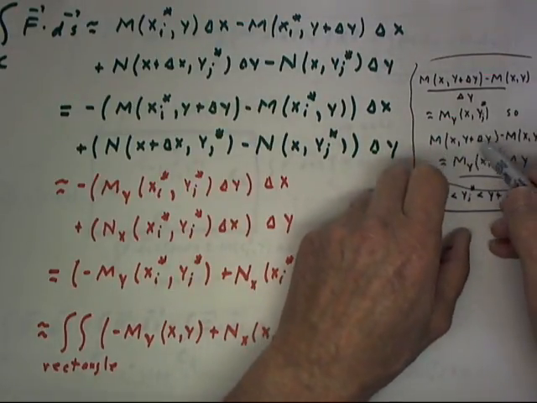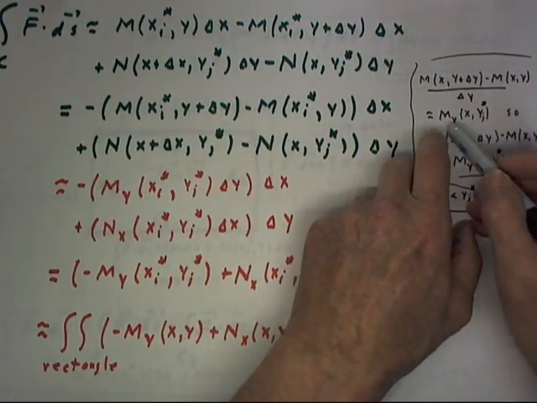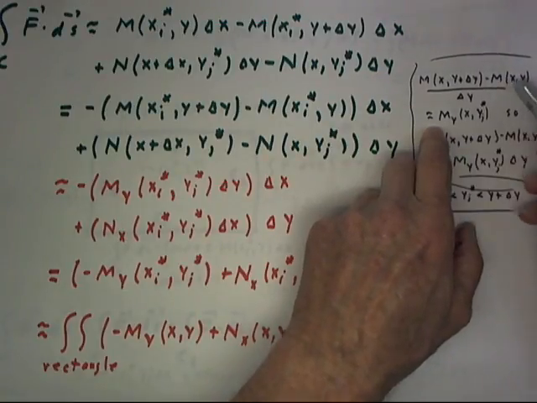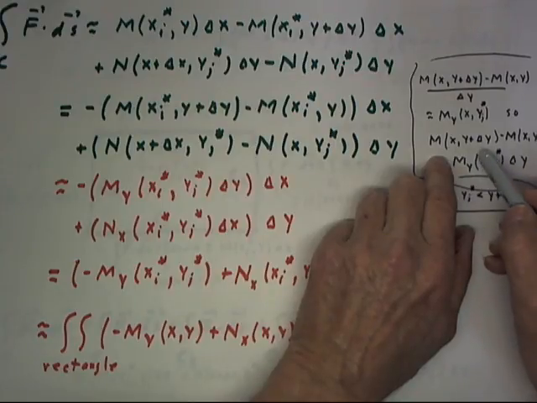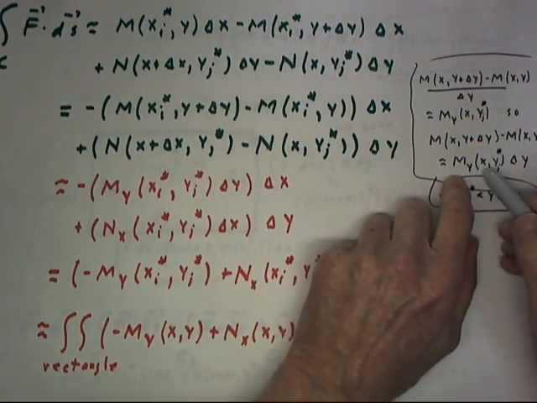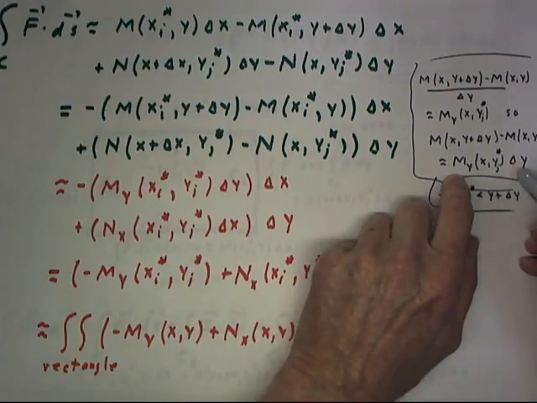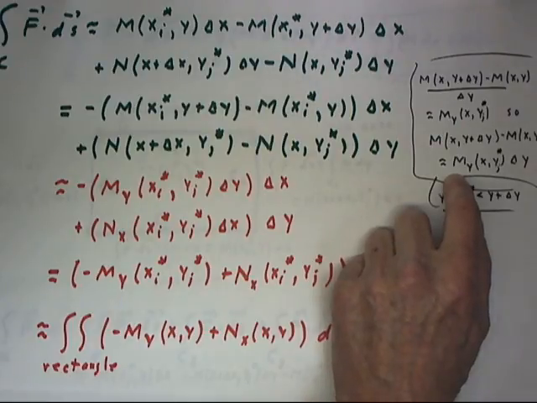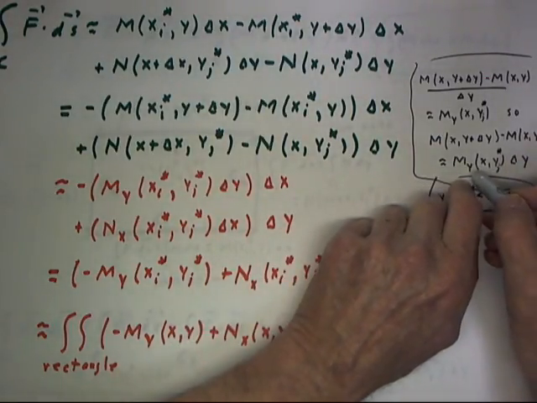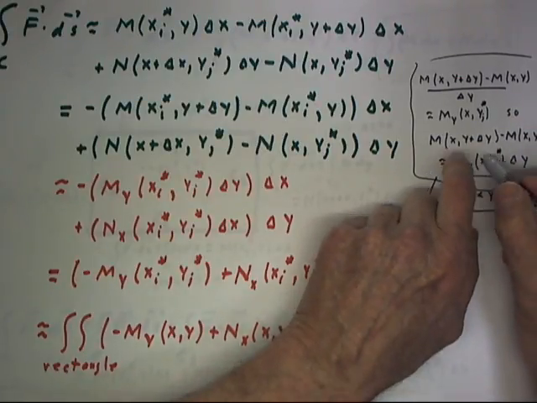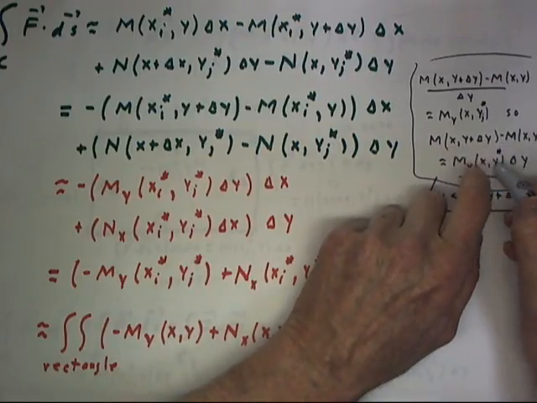It then follows, of course, that if we multiply m_y at x, yj star by delta y, we get this difference. So m of x, y plus delta y minus m of x, y should approximately be equal to m_y at x, yj star multiplied by delta y. In vernacular terms, we're just multiplying an approximate average rate of change of m with respect to y by the change in y. And that's going to give us the change in the value of m.